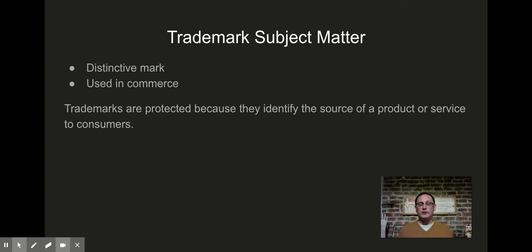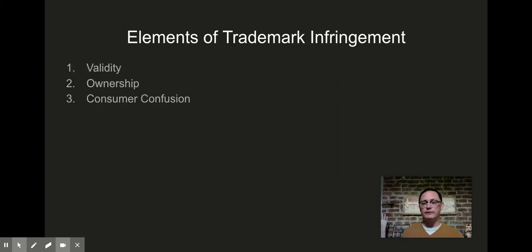So why are marks protected? Because people are using them to sell things to consumers, and those marks are telling consumers who is making the product or service in question, right? So it's all about communicating information. That's the key to trademark protection, is communicating information about source to consumers.